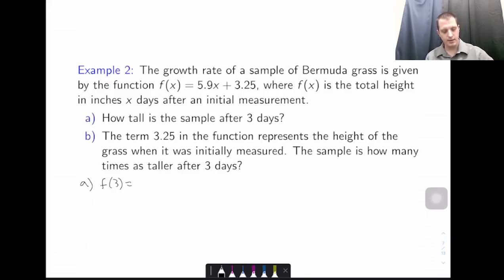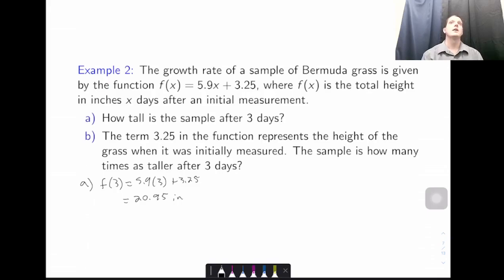So that's going to be 5.9 times 3 plus 3.25. If we use our calculator, we find out that this ends up being 20.95 inches. Well, that's some tall grass. That grass is close to being 2 feet tall.